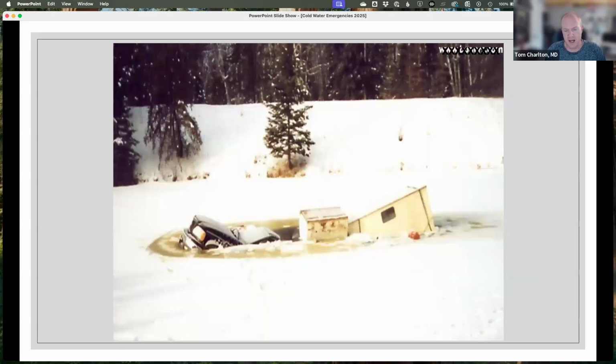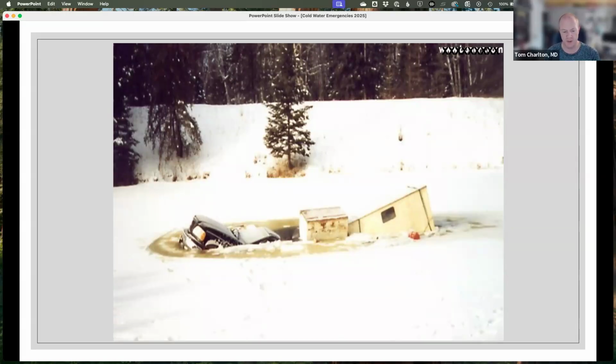And then this is what happens when you're not aware of your surroundings and how thick your ice is: you'll go through. The interesting thing about the dive team I was part of was we were part of the sheriff's office, but we were completely self-funded. Michigan has a law on the books that if a vehicle enters a body of water, it is $10,000 a day in fines after the first 24 hours if that vehicle is not removed from the water.